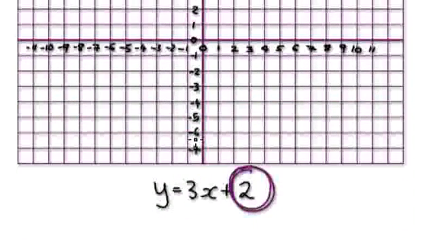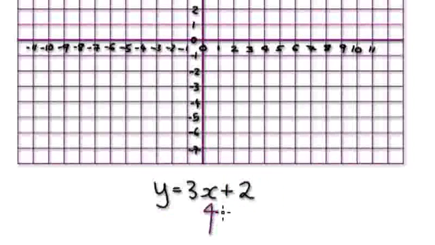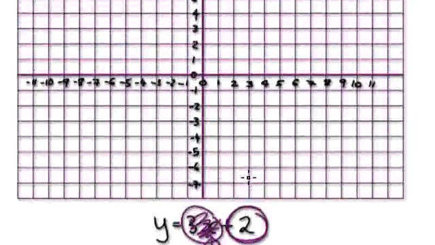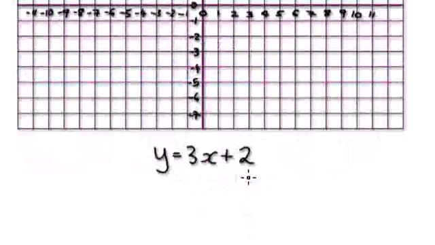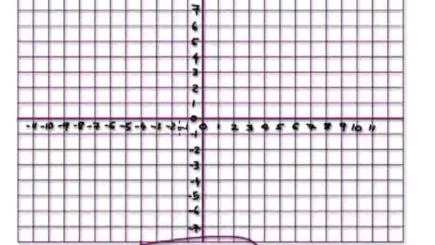So if you want to draw this line here, your eyes should zoom into the intercept, because if you put 0 into the x here, this whole thing would be 0, because 3 times 0 is 0. So the intercept would be 2. When you get given something like this, look at the intercept. The intercept is where it crosses the y-axis.